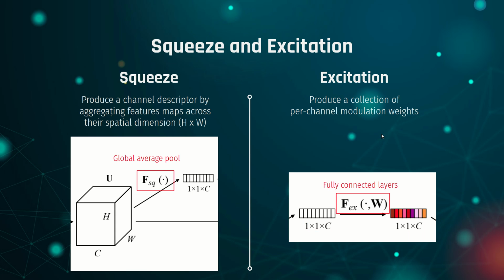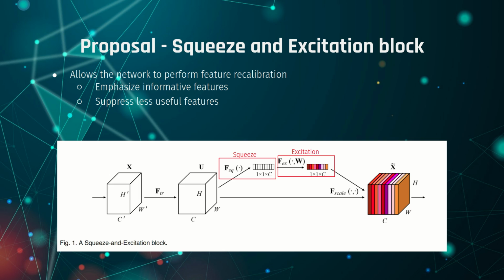So let's try to recap this proposal. This paper is trying to provide a generic block that you can implement in existing architectures, which contains two operations. One is squeeze and the second is excitation. In the squeeze, this paper just does global average pooling.